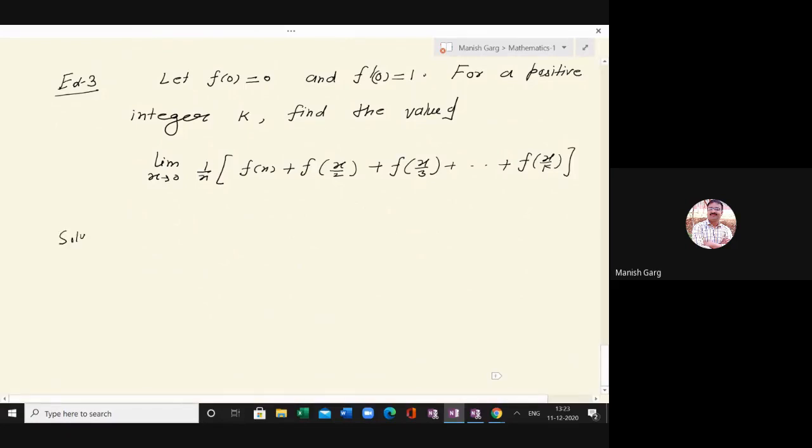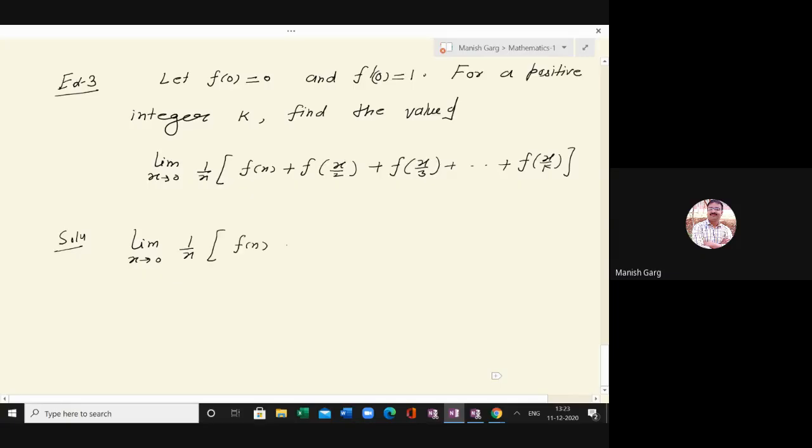Solution, I will do some simplification. 1 by x times [fx plus fx by 2 plus fx by 3 plus ... fx by k]. Now I am writing the first term.